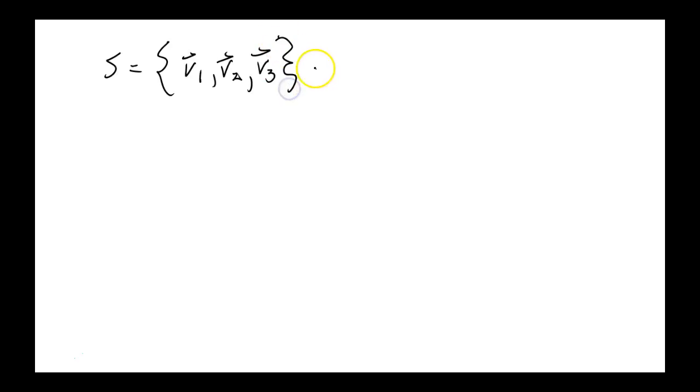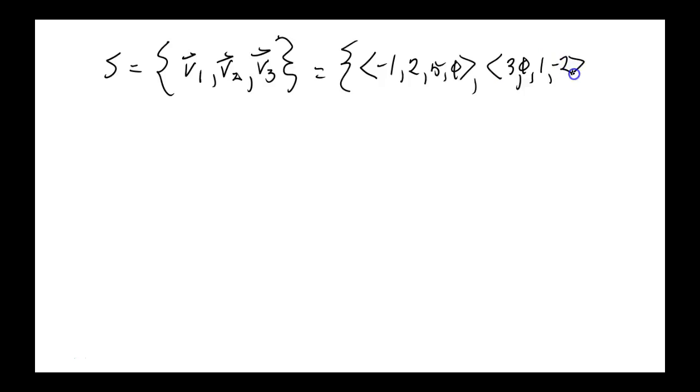And this spanning set happens also to be the set of these three vectors: (-1, 2, 5, 0), (3, 0, 1, -2), (-5, 4, 9, 2).